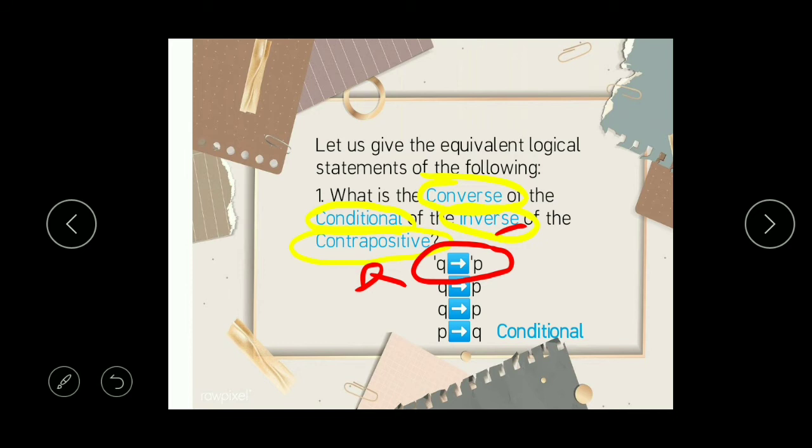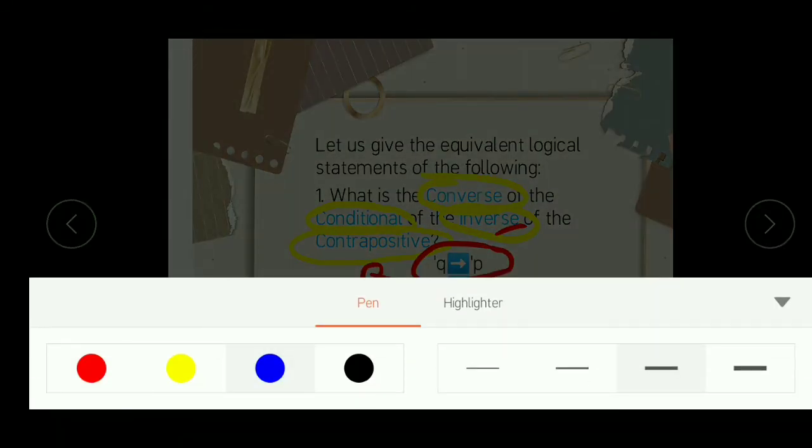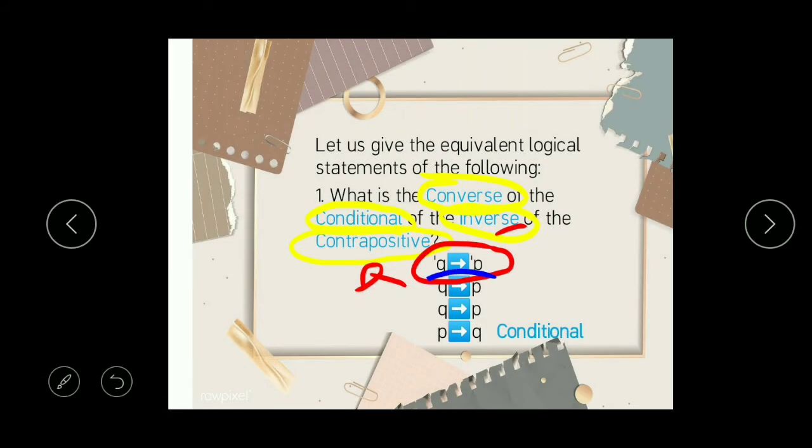So our inverse logical equivalent statement of our contrapositive is: if Q, then P. That is our inverse.